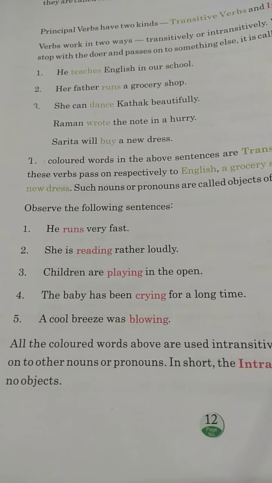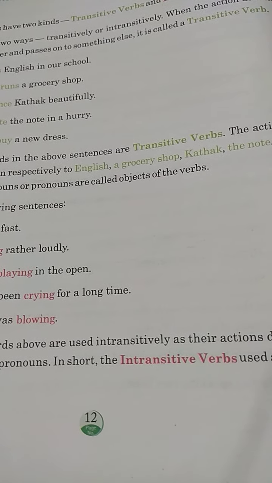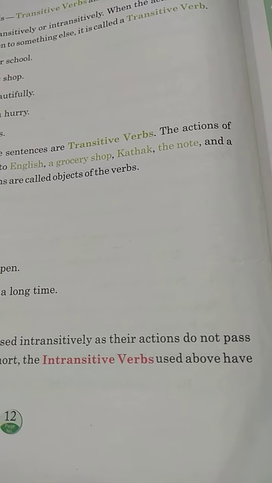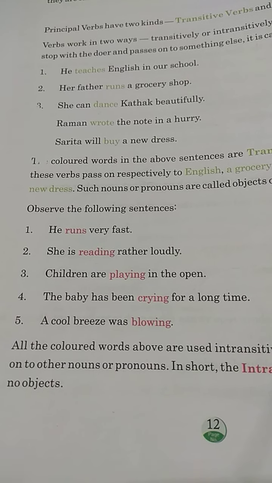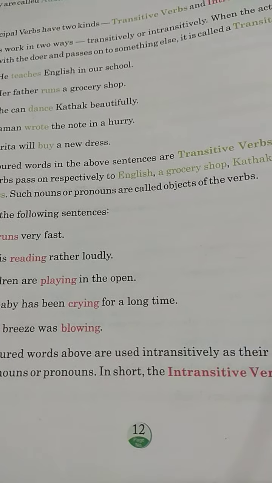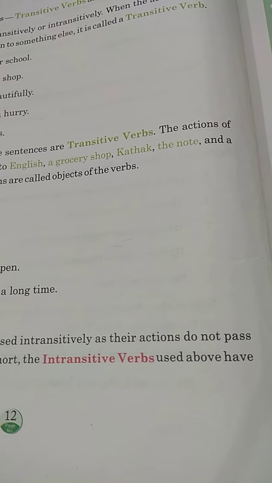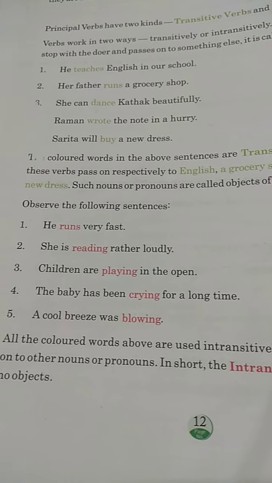So all the colored words above are used intransitively as their actions do not pass on to other nouns or pronouns. In short, the intransitive verbs used above have no objects.